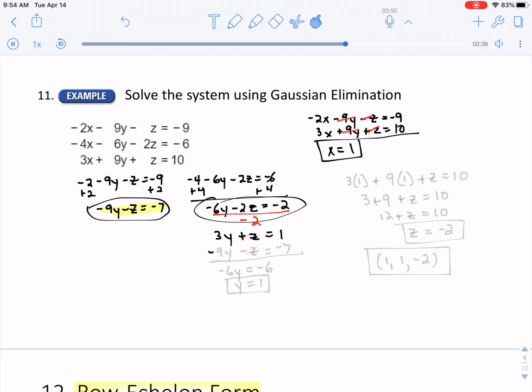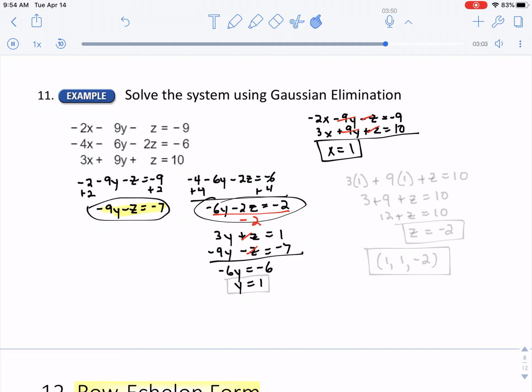So I've got negative 9y minus z equals negative 7, and I add those together, and my positive z and my negative z is 0. So I get negative 6y equals negative 6. Divide both sides by negative 6, and I get y equals 1.